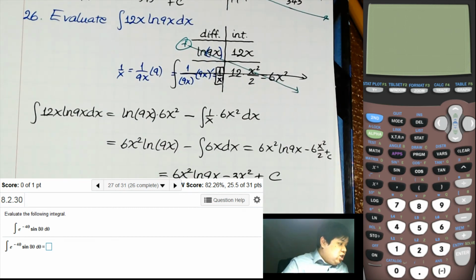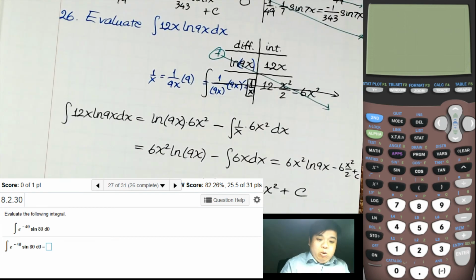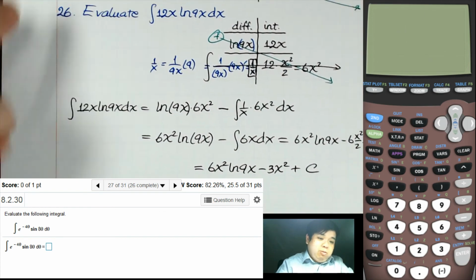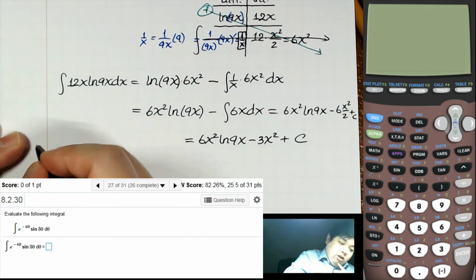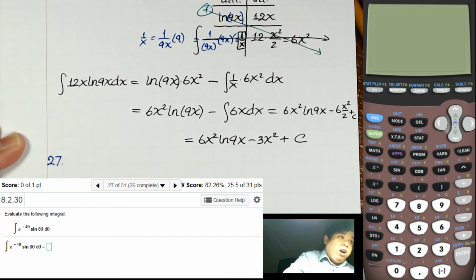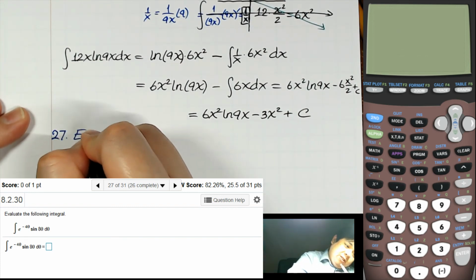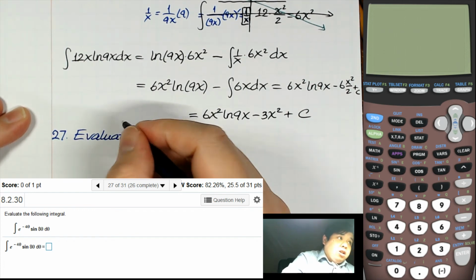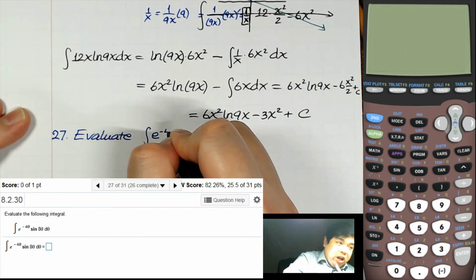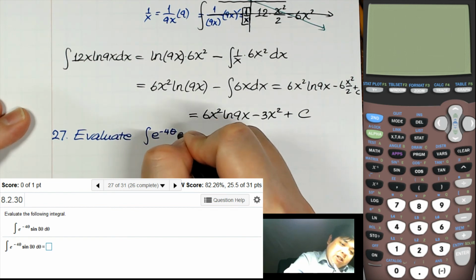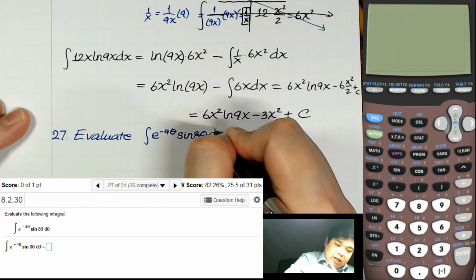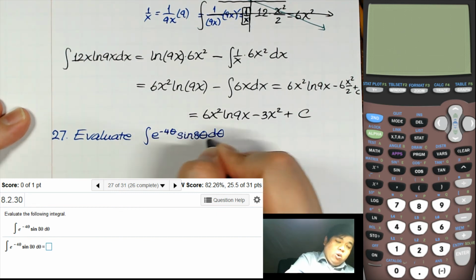This next one, I guarantee there will be one problem similar to this on the test, because this is one of the classic problems. The type of this is we have one exponential and the trig.